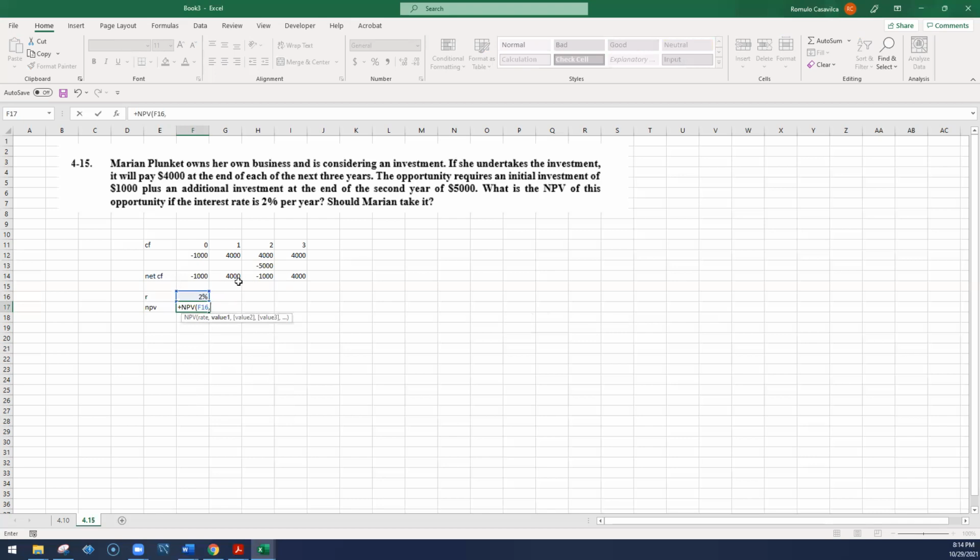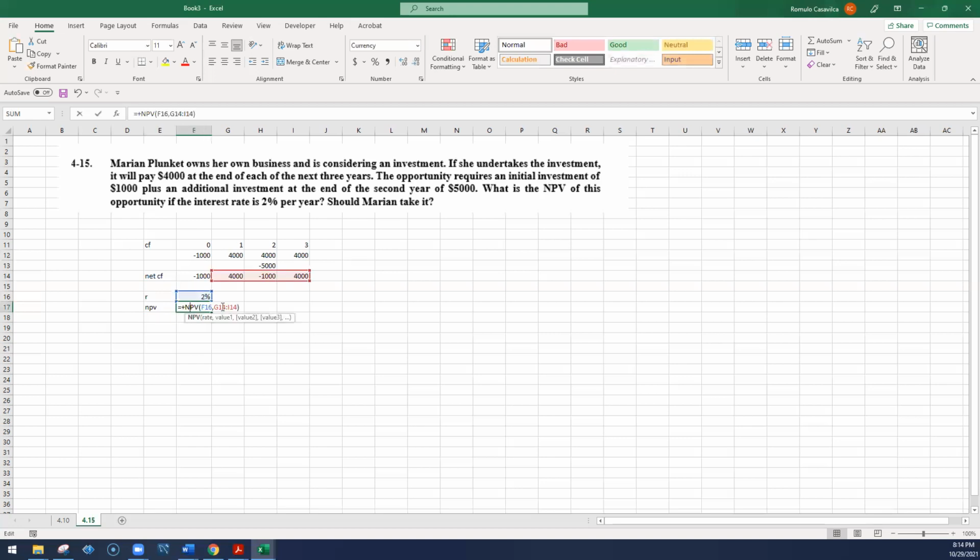I just select these values from year 1 to 3. I exclude the 0, because I'm not going to discount this. If you do, the whole thing is going to be wrong, because this is already expressed in year 0. So you add this; it's negative, so you add it. So that's my net present value.